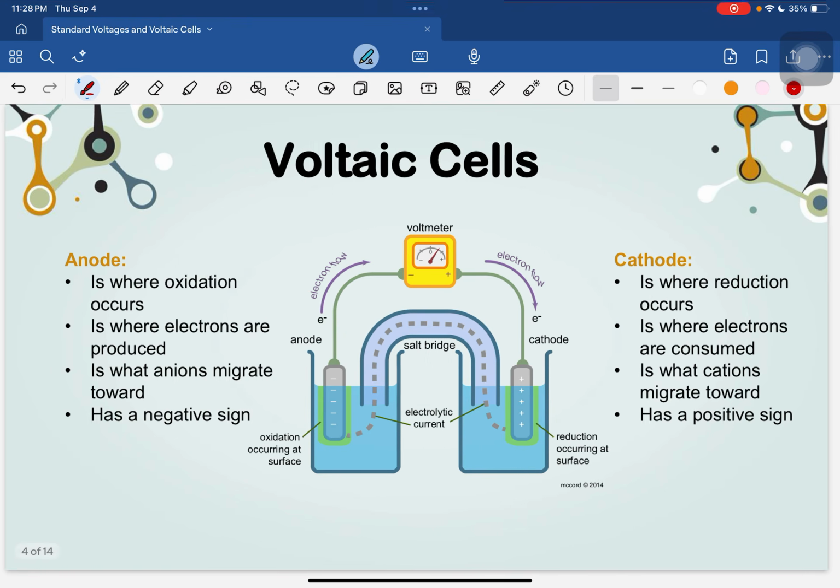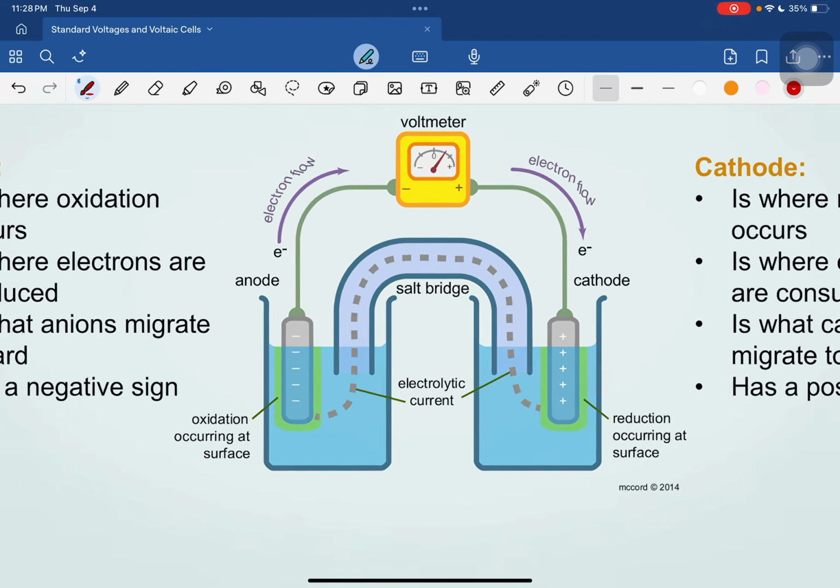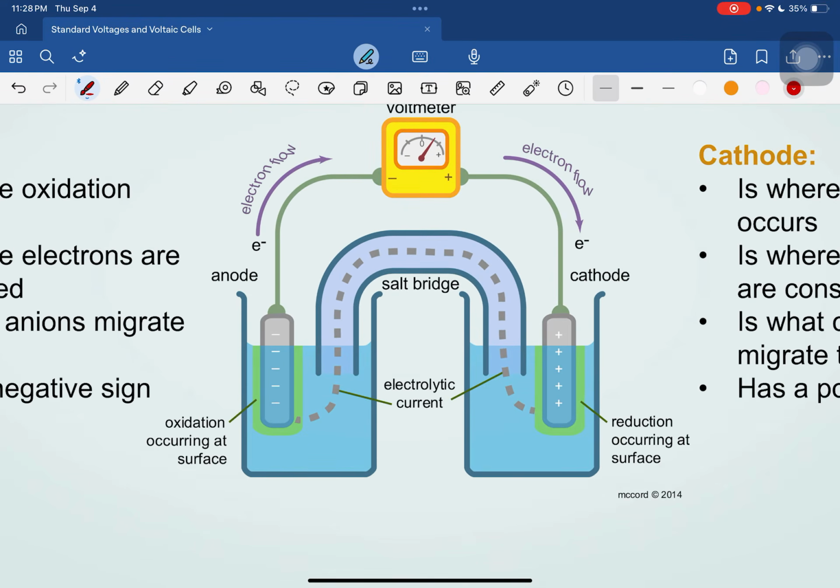Let's zoom in a little. This is the basic setup. These are your electrodes, and this is our anode side and our cathode side. This is usually negative, and this is positive. Our electron flow is usually from this side to that side, toward the cathode.